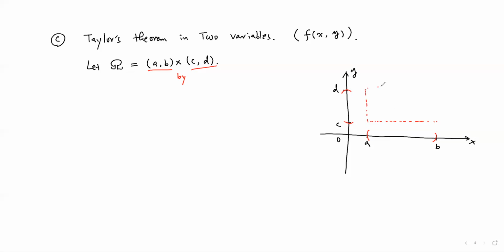This rectangle doesn't include the boundary. This is omega. And this is notation one. And second notation.